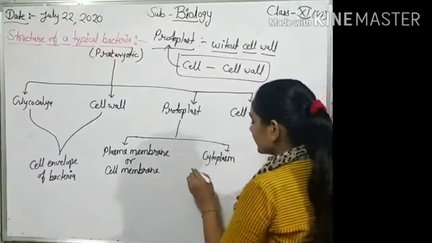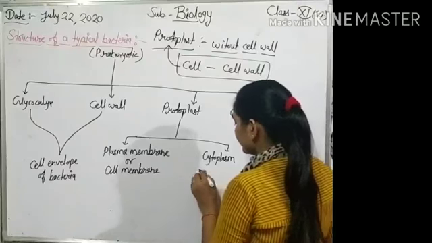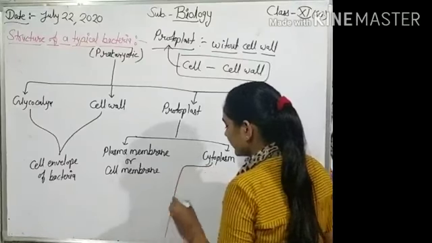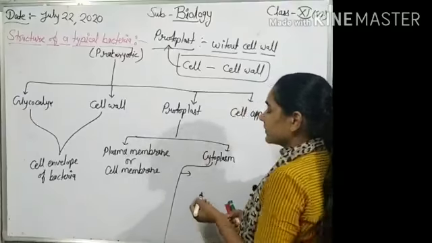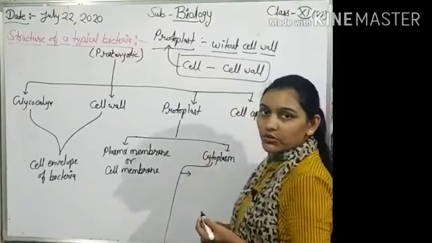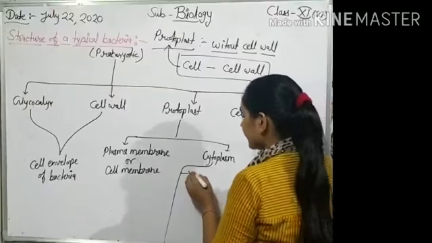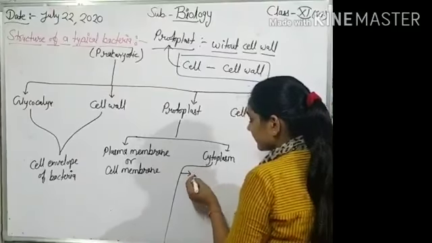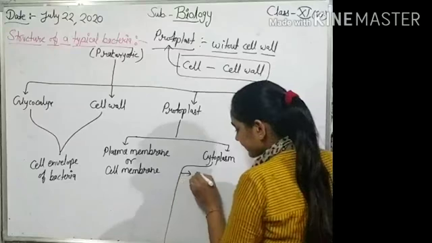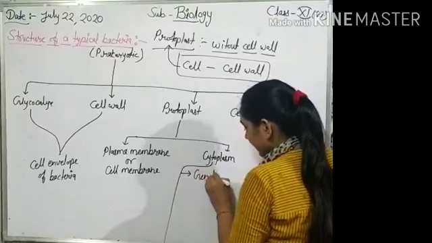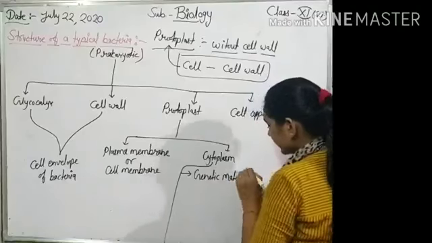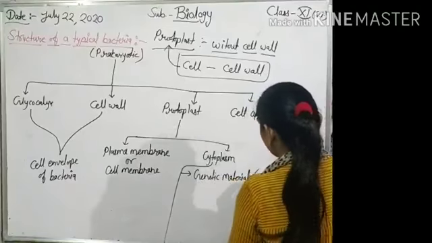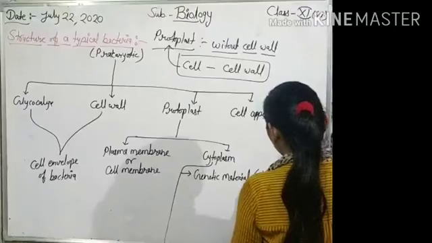In the cytoplasm, fluid matrix and cell organelles are situated, containing the genetic material of bacteria. It means nucleoid.